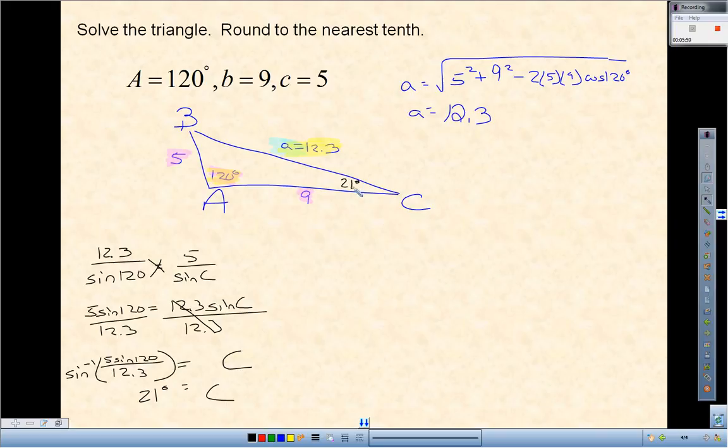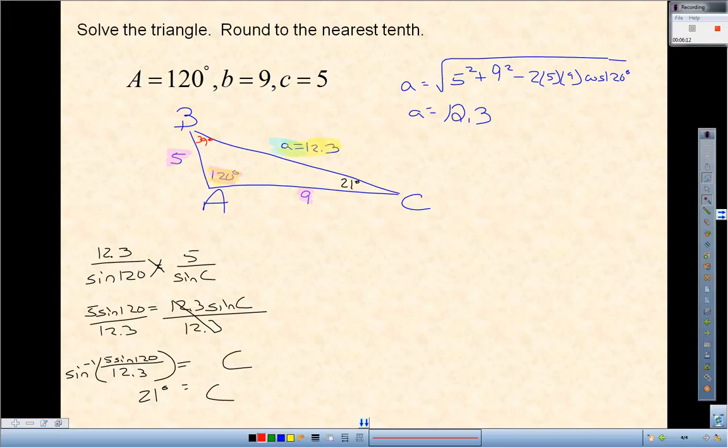So this angle right here would be 21 degrees. I could quickly find angle B by simply doing 120 plus 21 and subtracting it from 180, and this would give me 39 degrees, and that's it. I've got all three sides now and all three angles, so the whole triangle is solved.